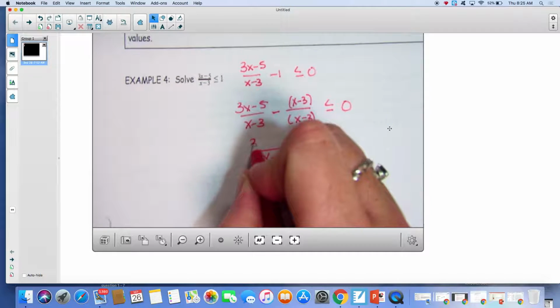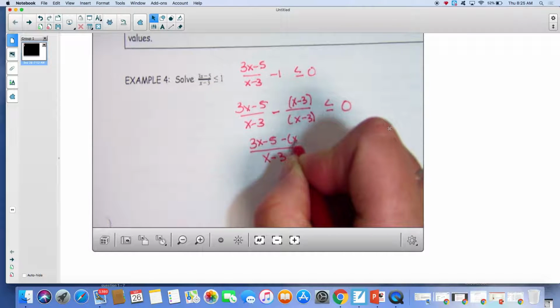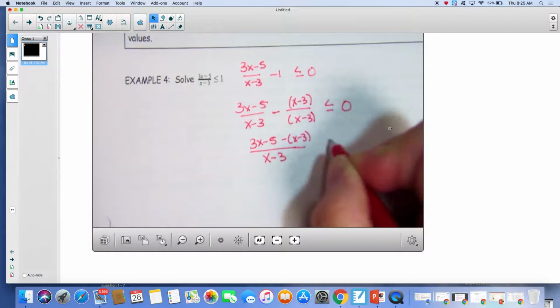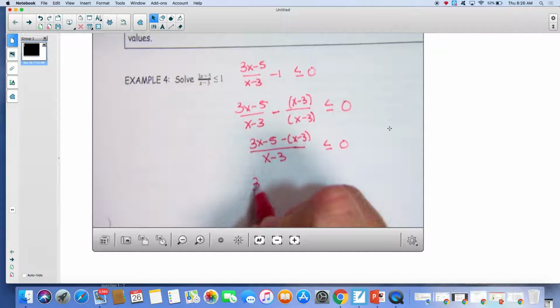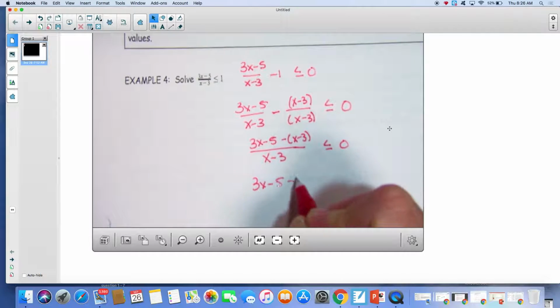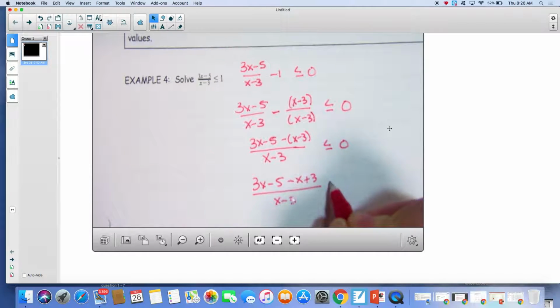And we take 3x minus 5 and we subtract x minus 3. So 3x minus 5 minus x plus 3. I'm doing several steps here.